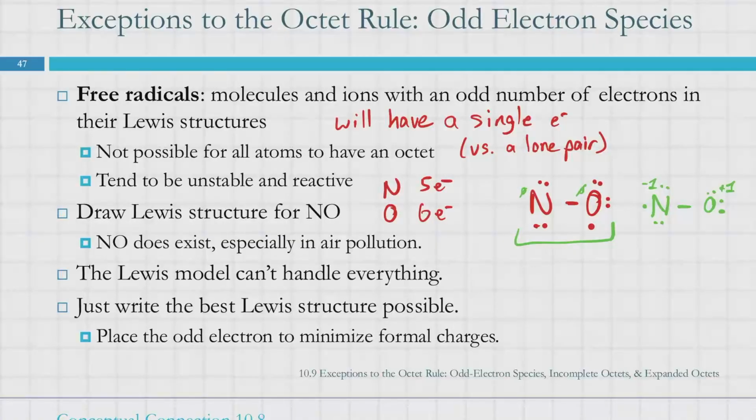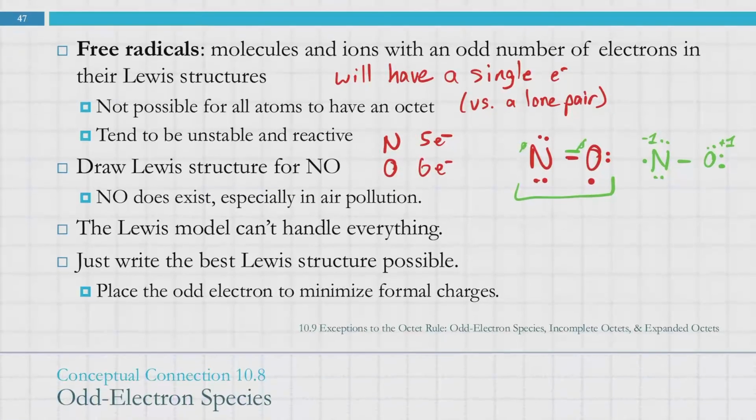So it's only got a count of 7. And our nitrogen would have a count of 6. So we'd probably have to have a double bond in there. So that's fun. It would be this. That's probably more correct. I don't know, they're weird. Odd electron species.